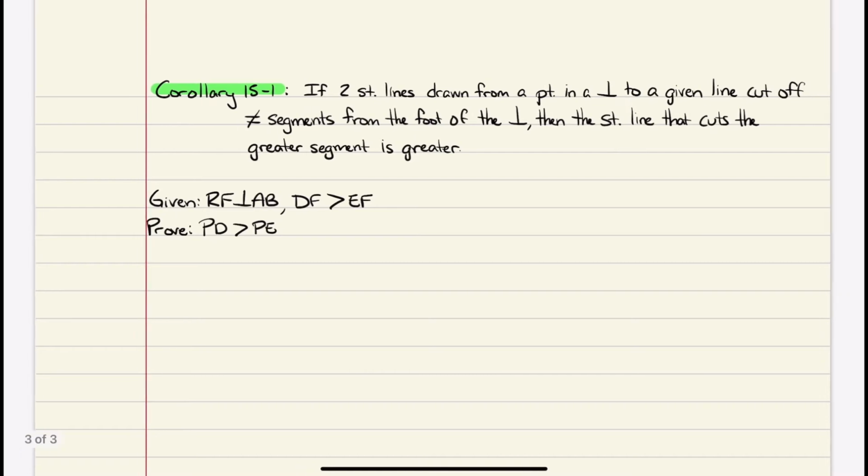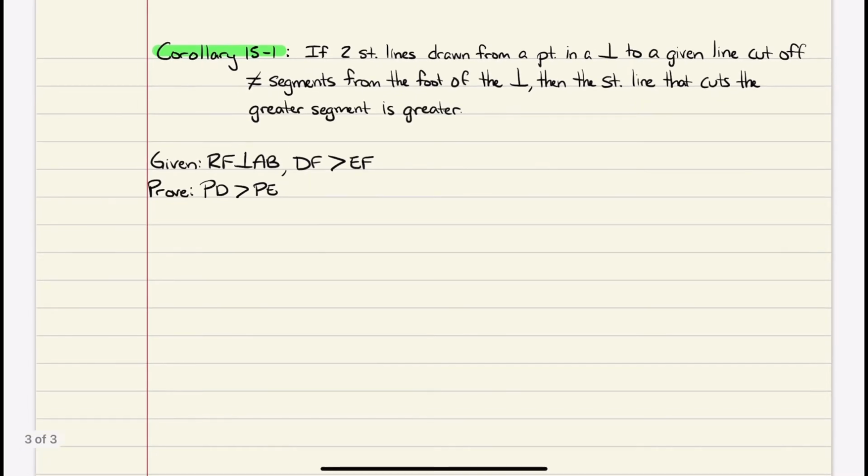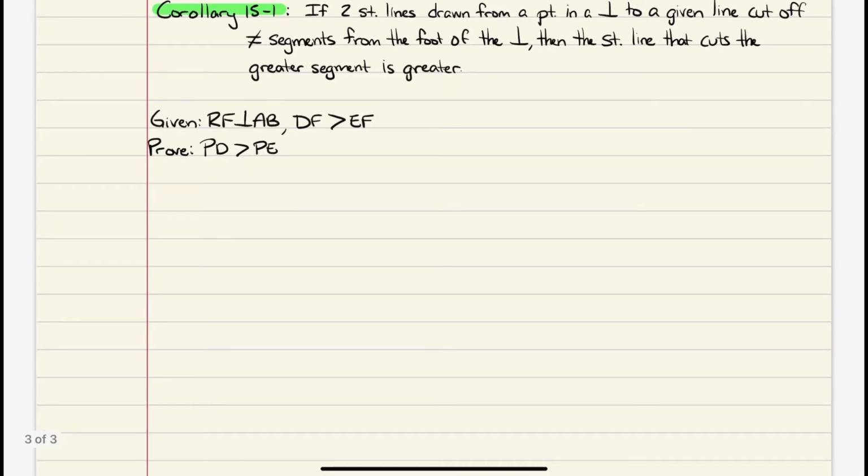Corollary 15-1 states that if two straight lines drawn from a point in a perpendicular to a given line cut off unequal segments from the foot of the perpendicular, then the straight line that cuts off the greater segment is greater.